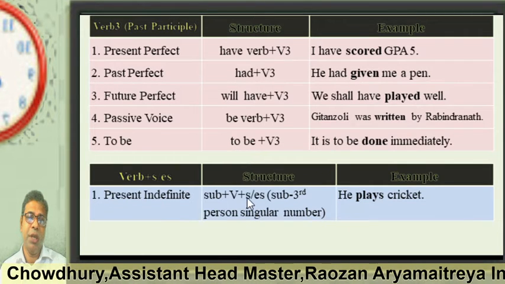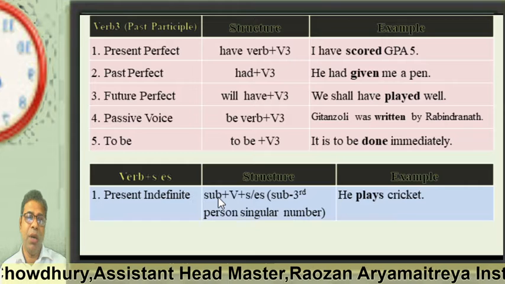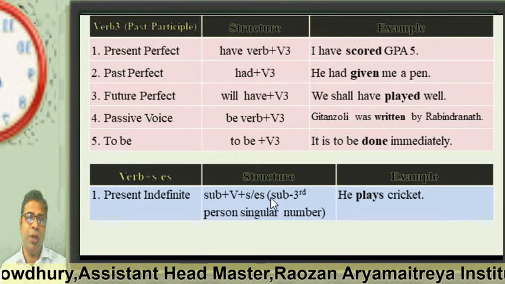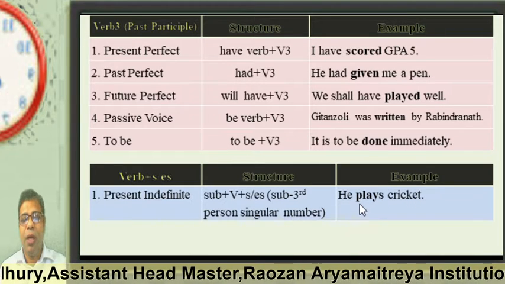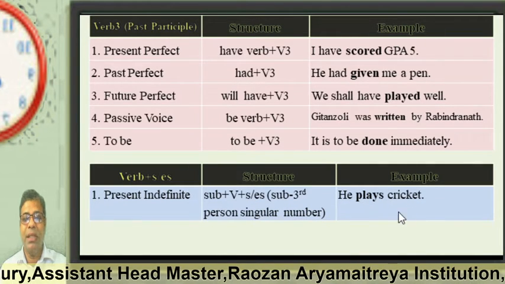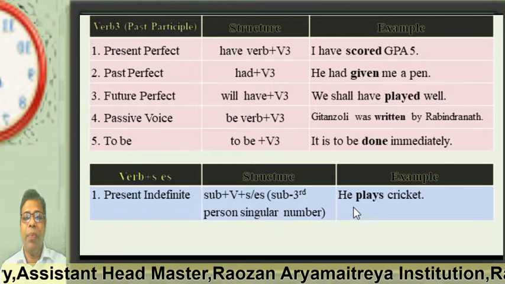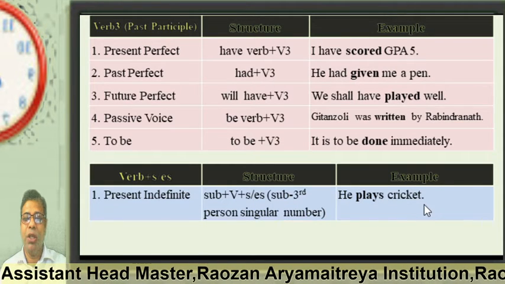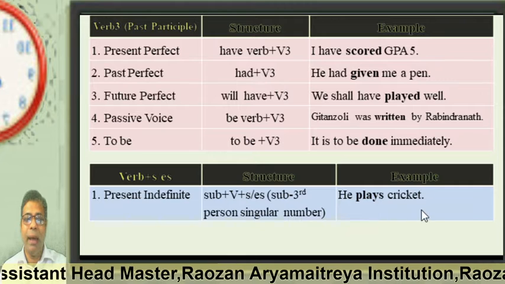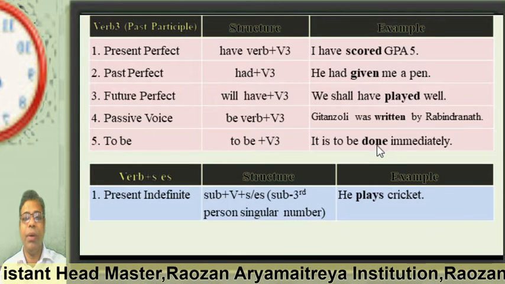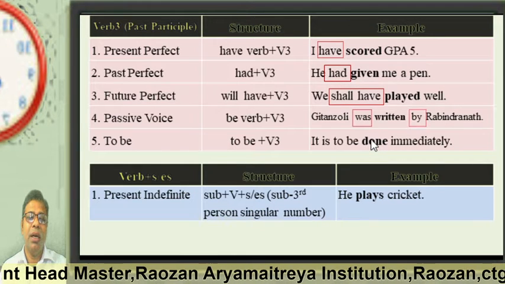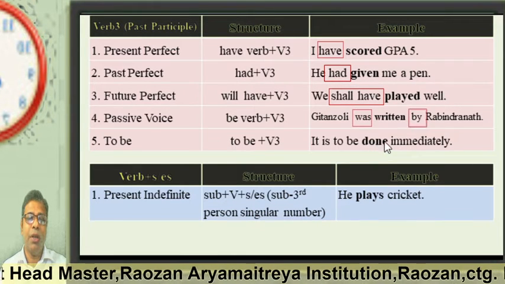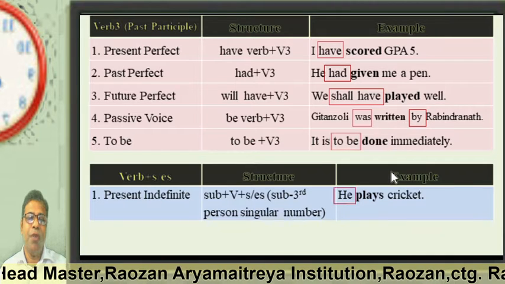So if the subject is third person singular, then you have to use s or es. He plays cricket. He plays cricket, sings songs. Rahim plays cricket. Shimol writes like that. Okay, dear students, these are the verbs after which you need to use the V3 form.